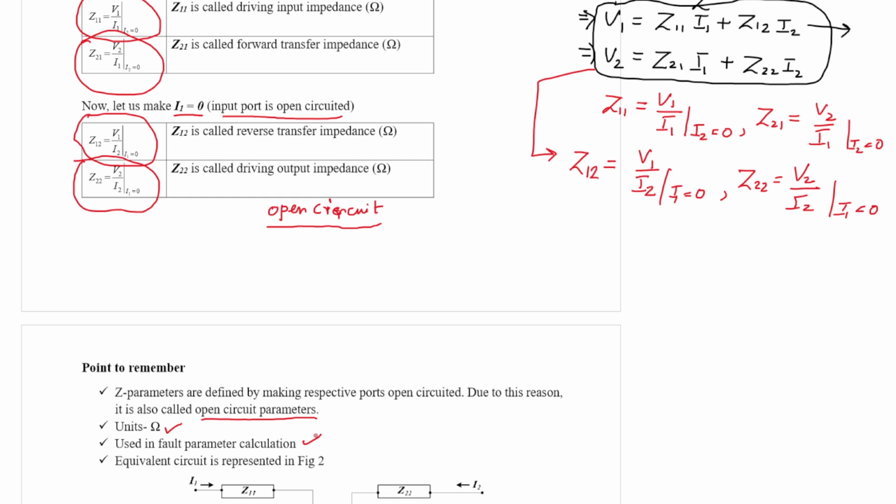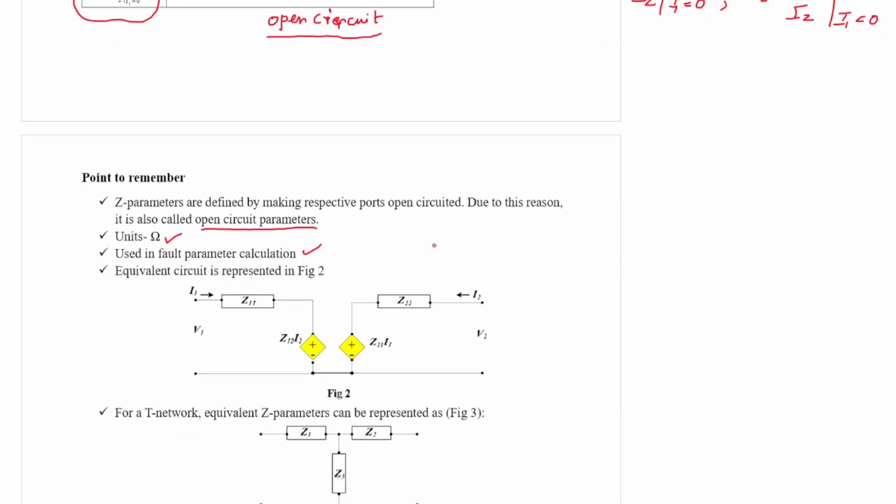Now if we want to represent these two equations, V1 is equal to Z11 I1 plus Z12 I2, and V2 is equal to Z21 I1 plus Z22 I2, in terms of an equivalent circuit, then this figure 2 represents that.